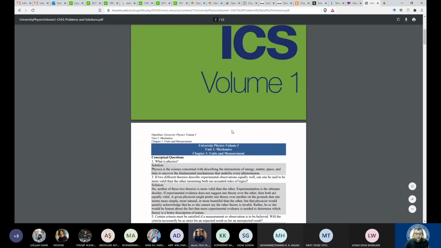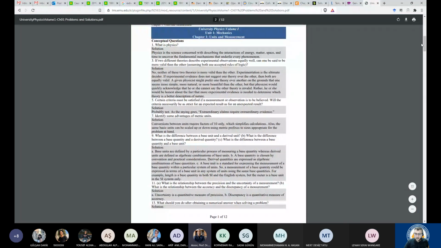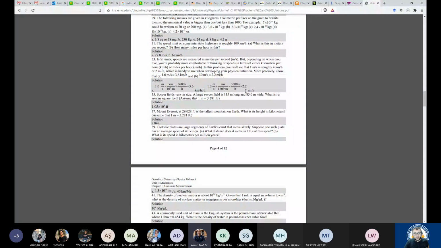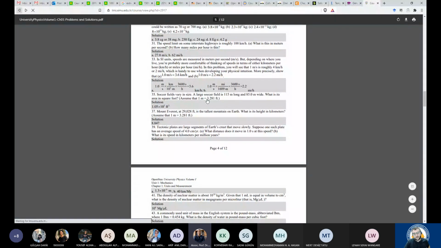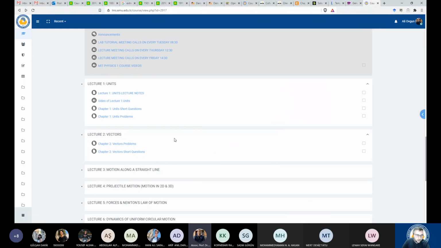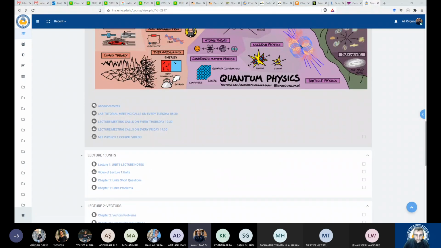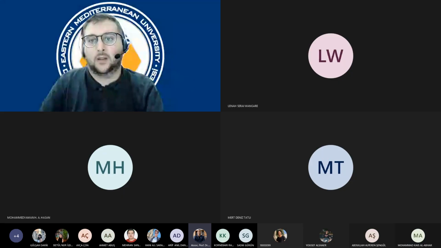And also I put some problems with solutions, or with answers, so you can try to solve them too. And the next topic is vectors. So next week we will study vectors. This is also a very important topic.